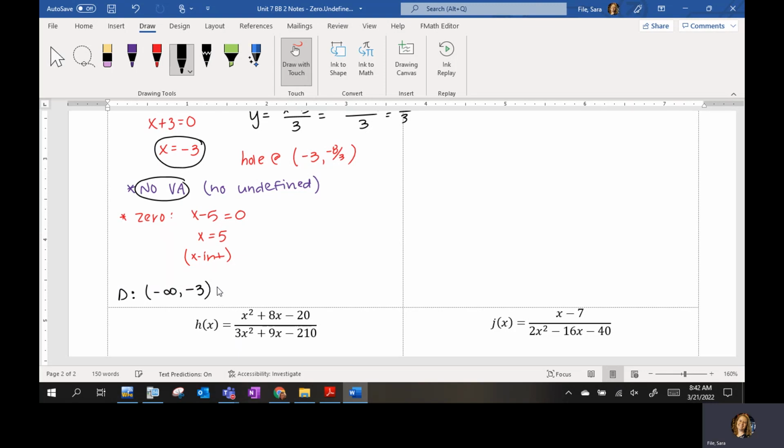And then it's going to pick back up and go from negative 3 to positive infinity. You okay about that?